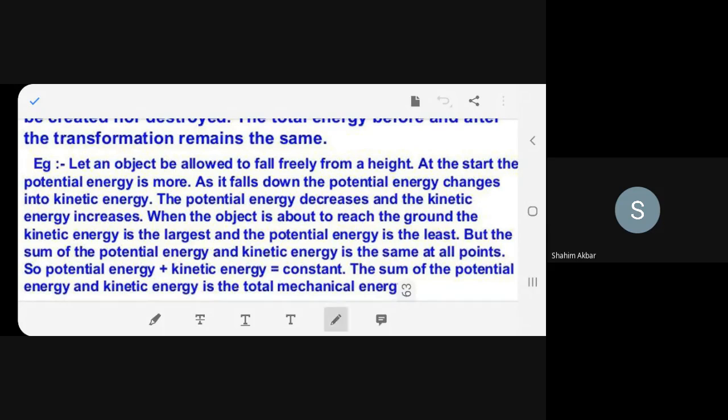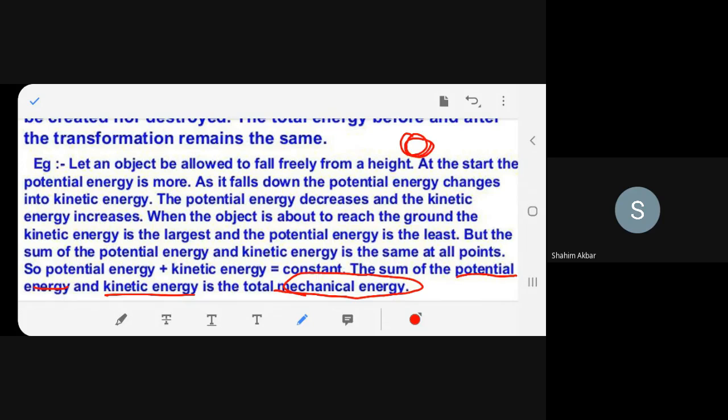Now when you say the sum of potential energy and kinetic energy is mechanical energy, you have to remember this. It can come as MCQs also. So if I ask what is the sum of potential energy and kinetic energy, what should we answer? It is mechanical energy. What are they saying? If this is the ball and it is allowed to free fall, the potential energy is maximum. It is getting converted into kinetic energy.